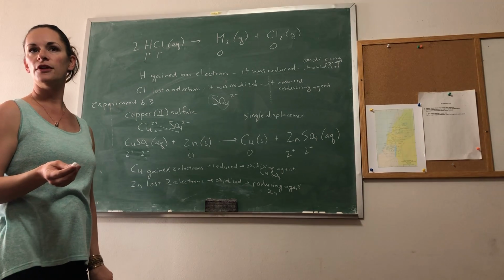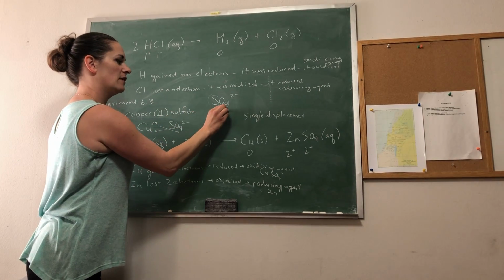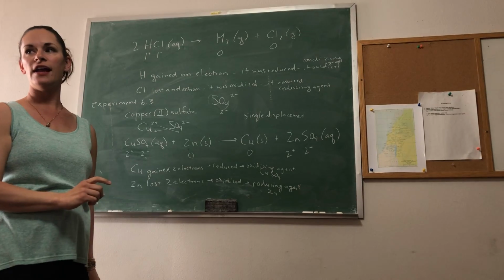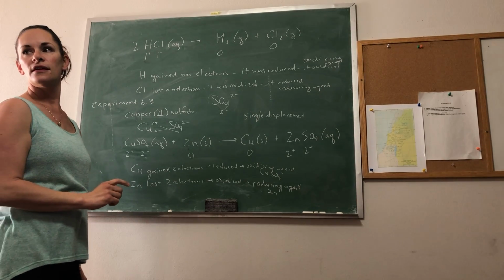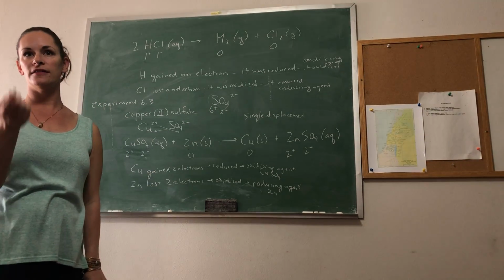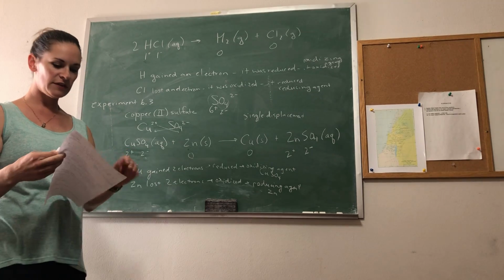Not -1. No. Tina? -2. So it's generally -2. So 2 times 4 is -8. So S has to be 6. So S must be 6 plus. And if you look at the periodic table, S is in group 6, so that makes sense too, that it gives up 6 electrons.